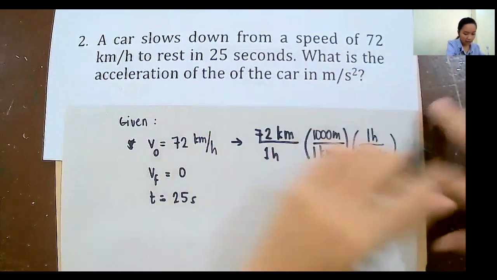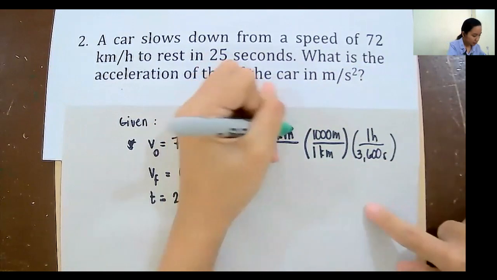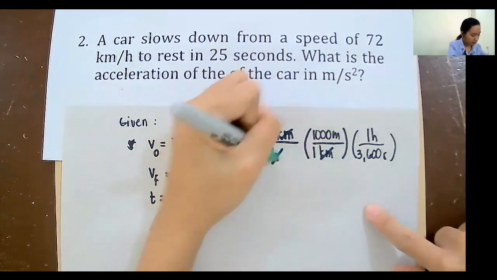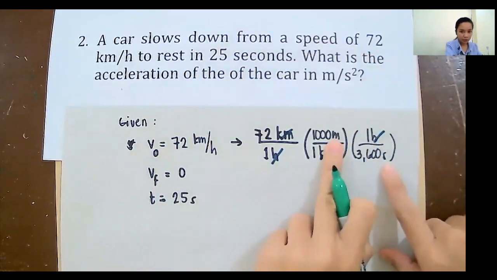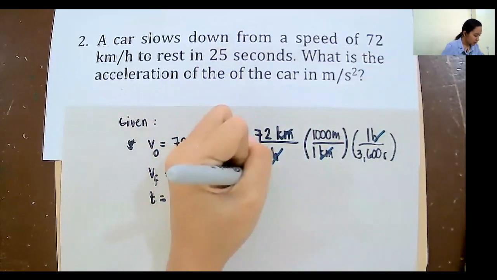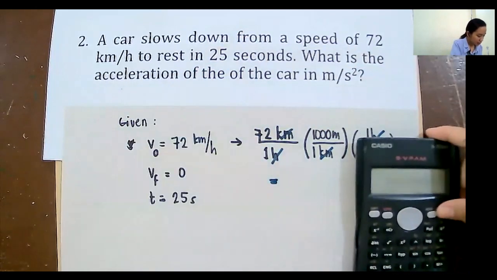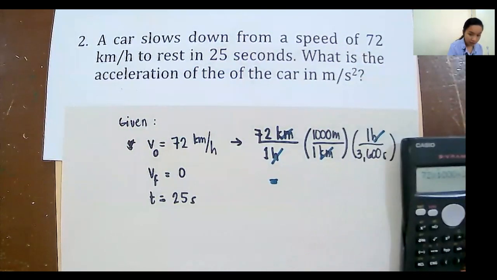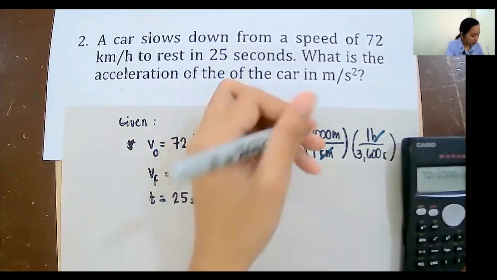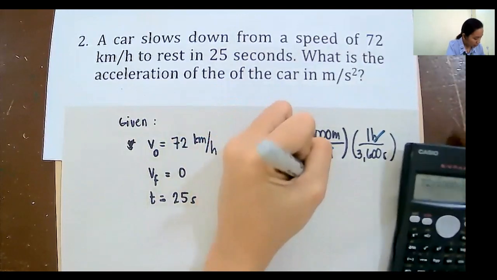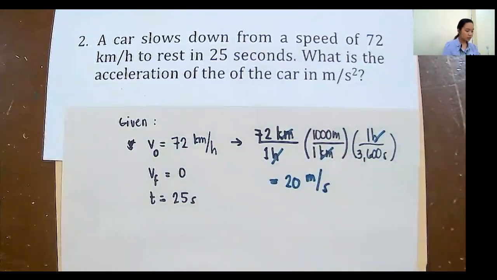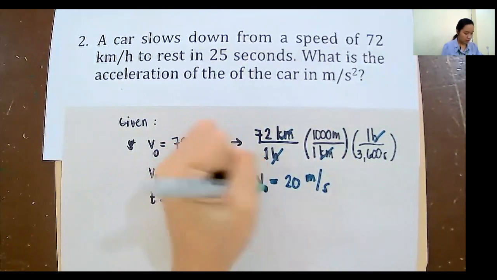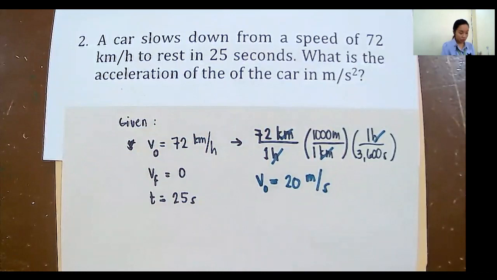Kilometer cancels out, h cancels out, and you will be left with meter per second. Let's solve this using a calculator: 72 times 1,000 divided by 3,600. You will get 20 meter per second. So that is our initial speed in meter per second.